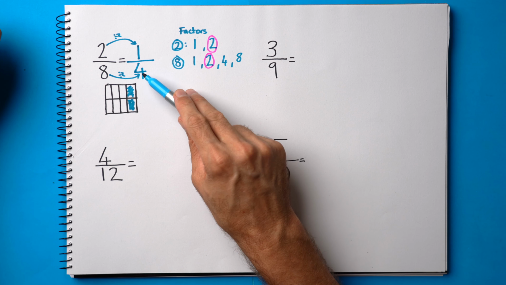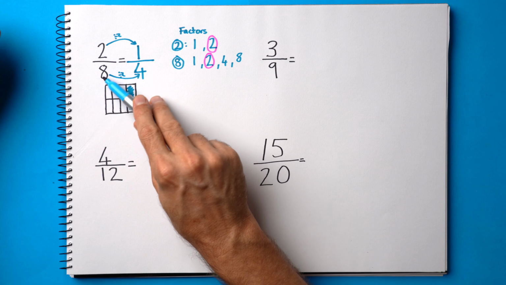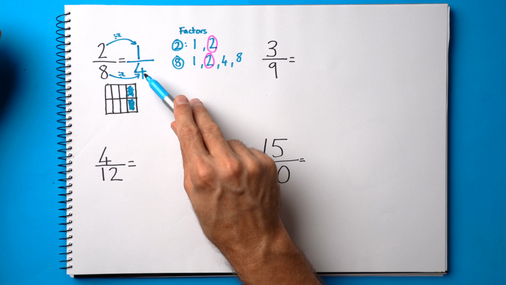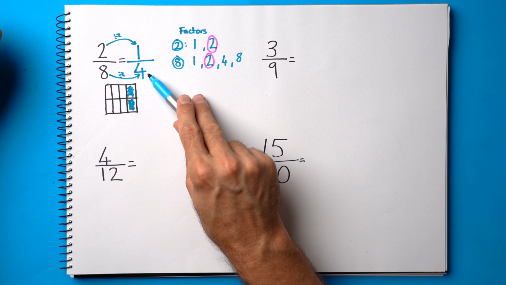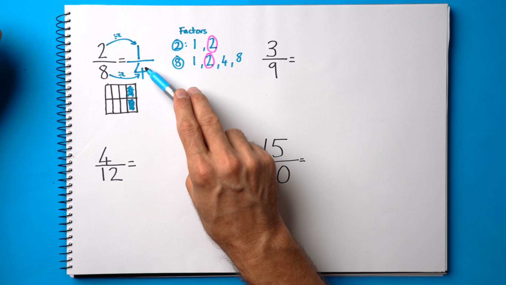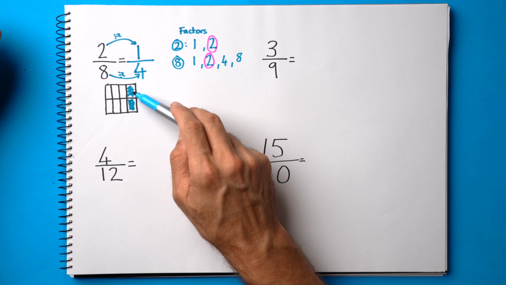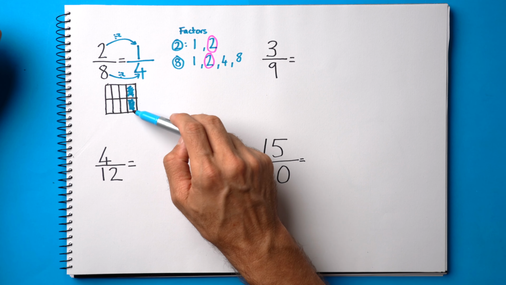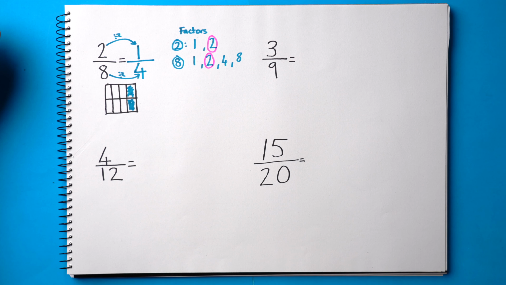So our final fraction is 1/4. 2/8 is the same as 1/4. And 1/4 is a simpler way of writing it. We're always looking for the lowest numbers that we can have. And hopefully you can see that 2/8 would be the same as 1/4.